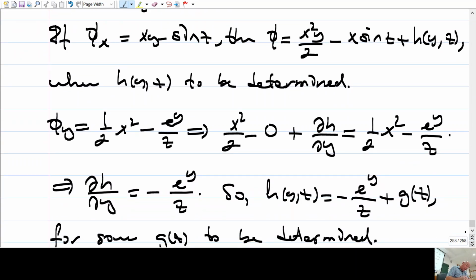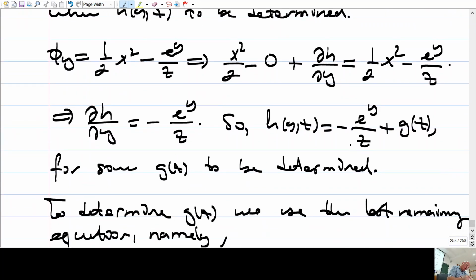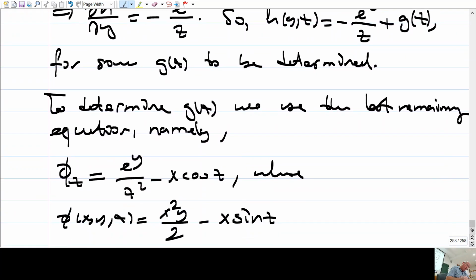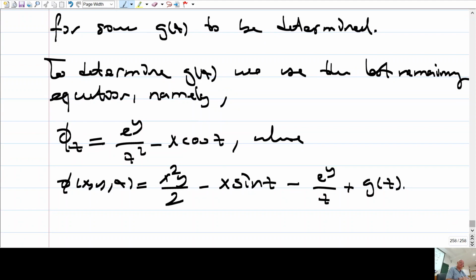But h(y) is equal to this gadget. So it is e to the power, minus e to the power y over z, plus g(z). Okay?